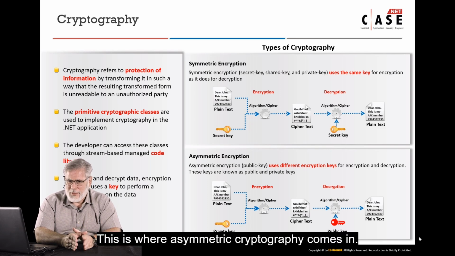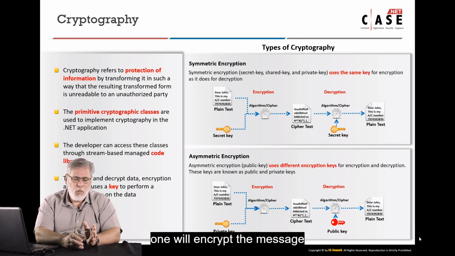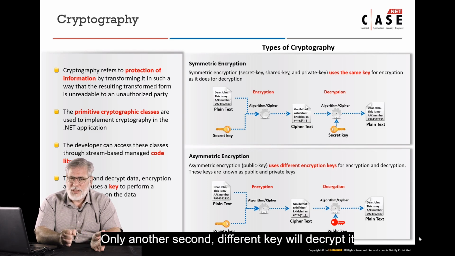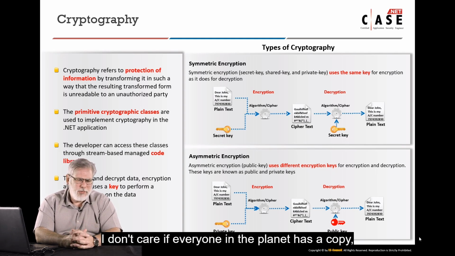This is where asymmetric cryptography comes in. There are actually two keys used. One will encrypt the message, but that same key will not decrypt it. Only another second different key will decrypt it. So I put that encrypting key out for the whole public. I don't care if everyone on the planet has a copy.